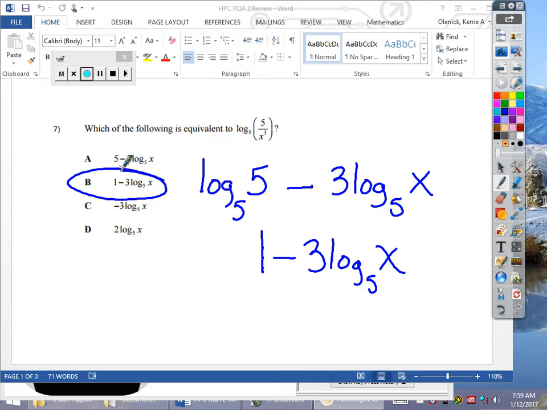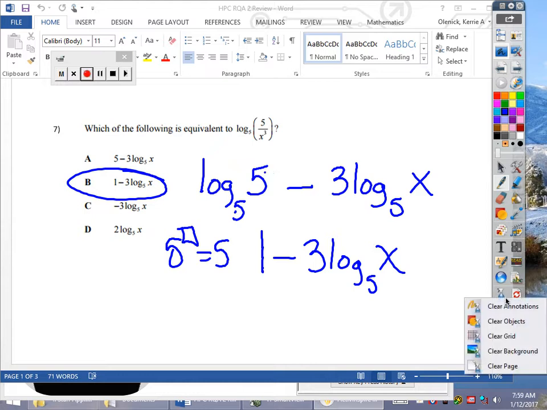Log 5 of 5 is asking 5 to what power is 5? 5 to the 5th power isn't 5. 5 to the 1st power. Remember when the subscript and the coefficient match, it cancels to 1. Okay, that was one of the log rules. Good? Okay. I'm moving on to number 8.